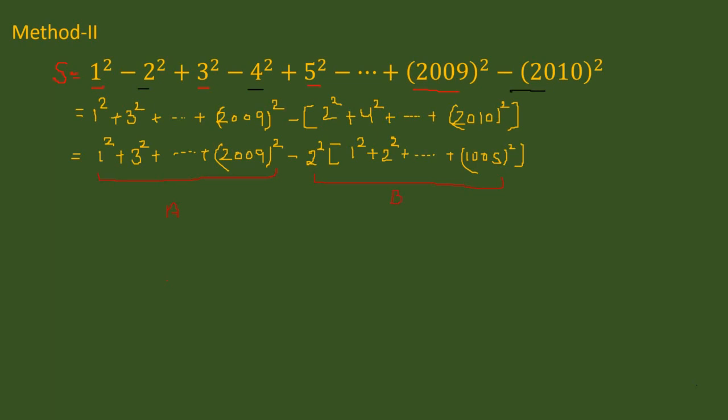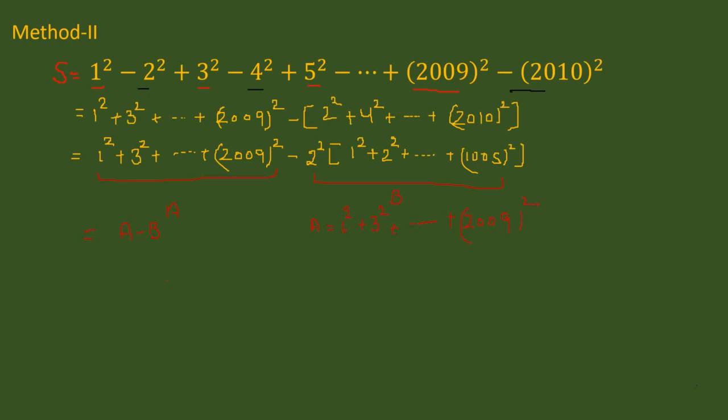Now we separate these quantities A and B and calculate them separately. Rewrite this as A minus B. First we calculate A, 1 square plus 3 square up to 2009 square.